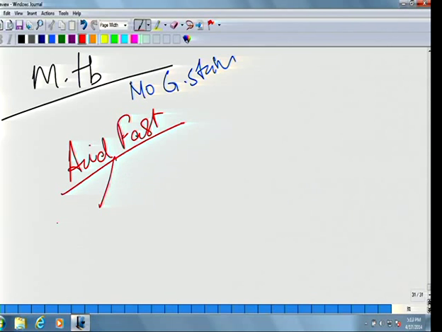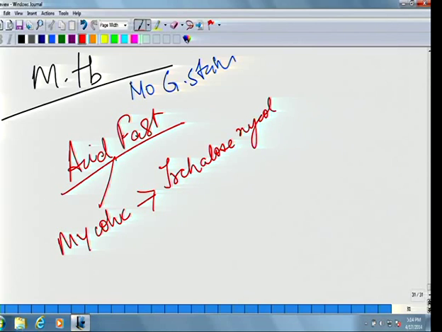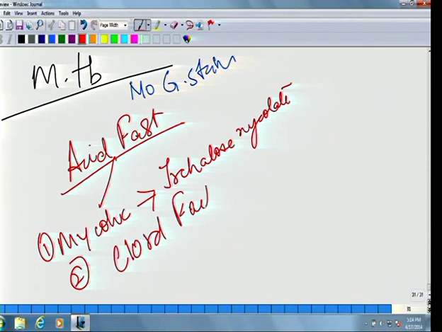Because it has mycolic acid. What is it also known as? Trehalose mycolate. Yes. What are the virulence factors of Mycobacterium tuberculosis? One is, of course, the mycolic acid. Two, the cord factor, which is also trehalose mycolate. Then sulfatides.